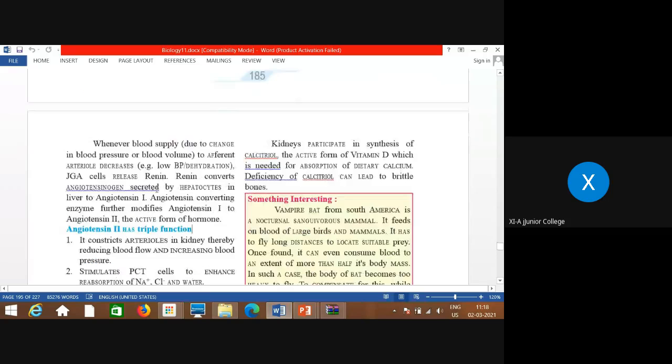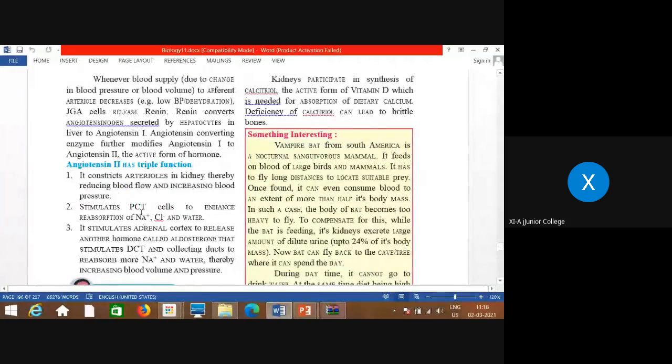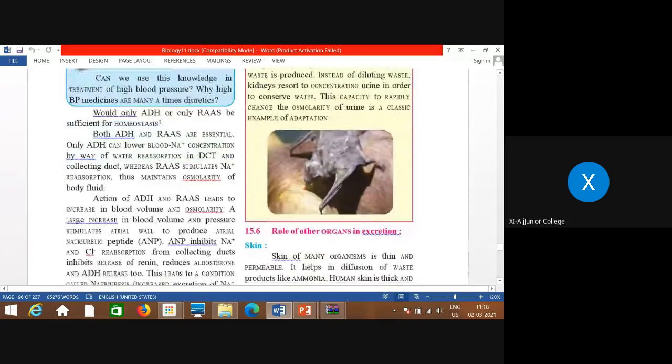The other pathway of maintaining pH as well as ion concentration is by the RAAS mechanism, the renin angiotensin aldosterone system, by constricting the blood vessels in the Bowman's capsule, then by maximum reabsorption of ions and water in the PCT region, and then maximum reabsorption of water and ions in the CT and DCT region by aldosterone activity. So in this way, the urine concentration is maintained.